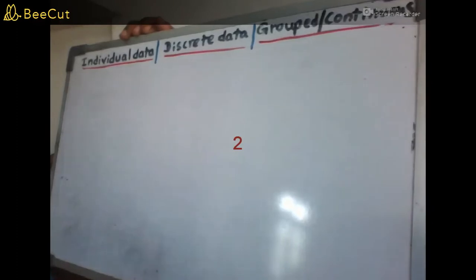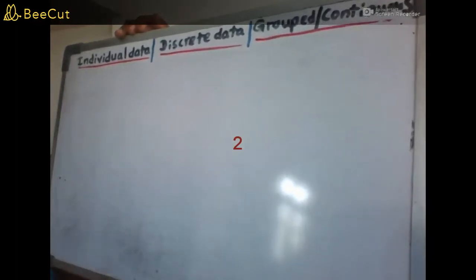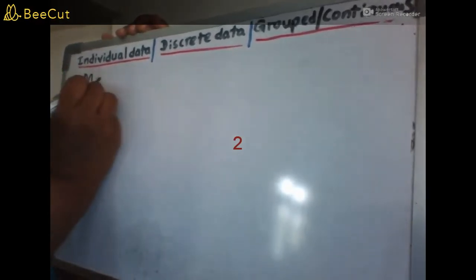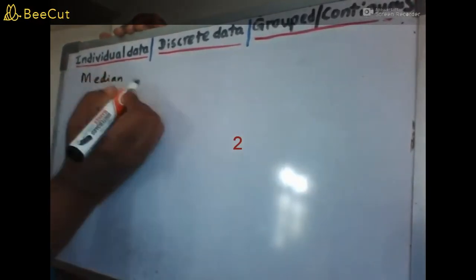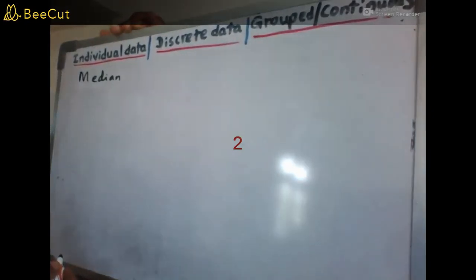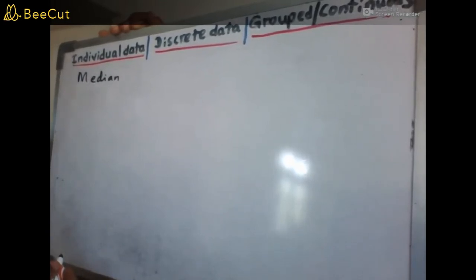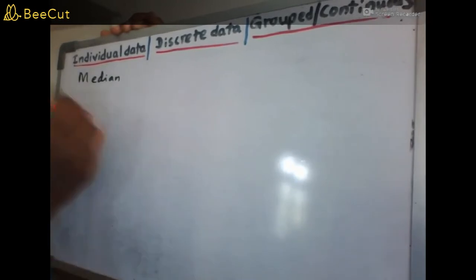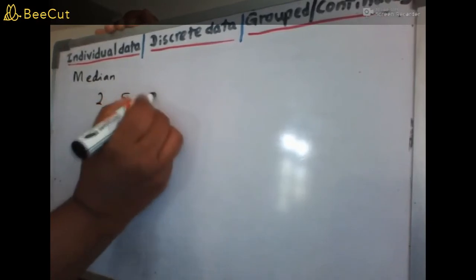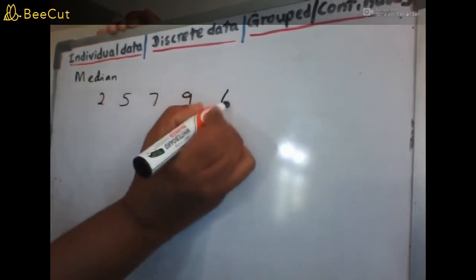Calculate the median for these two types of data. Median is the value or the mark that represents the middle place of a set of data. Now say we have a set of data like this: 2, 5, 7, 9, 6.